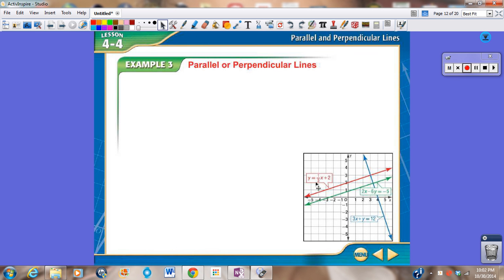For me, the easiest way to show it is slope-intercept form. So looking at y equals 1/3 x plus 2, m is 1/3 there, because remember y equals mx plus b.